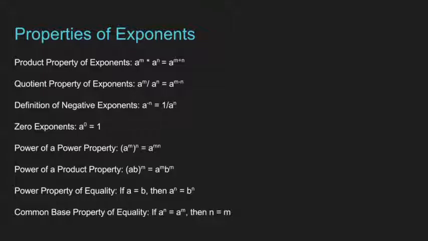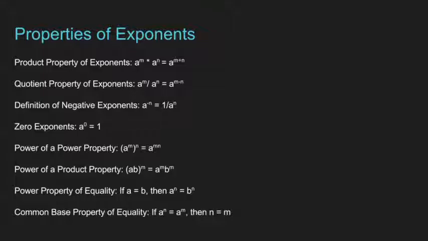The quotient property of exponents is a to the m over a to the n is equal to a to the m minus n. The definition of negative exponents is a to the negative n is equal to 1 over a to the n. The zero exponent property is a to the 0 is equal to 1.